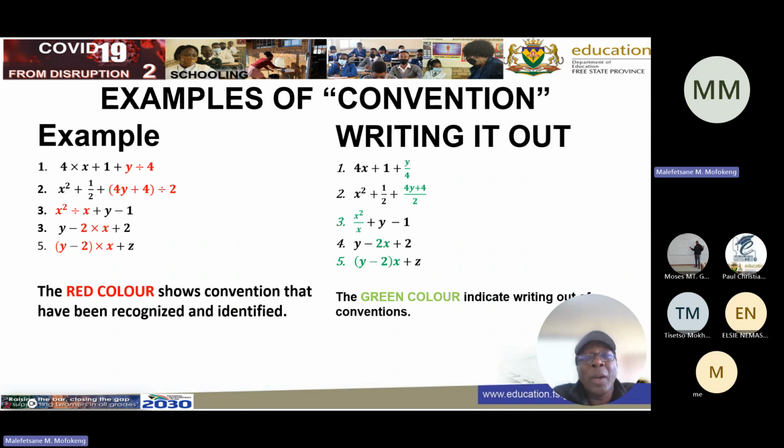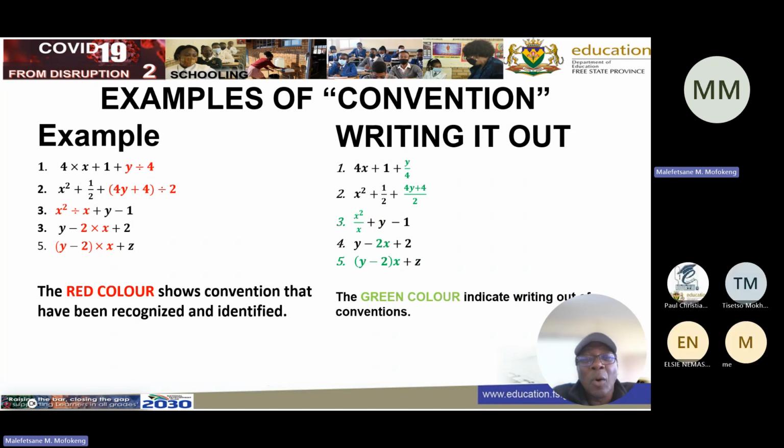And in order to write it the correct way, it is x squared plus half plus y plus 4y plus 4 all divided by 2. From the example, the red one has been converted, the conversion has been done as 4y plus 4 divided by 2.